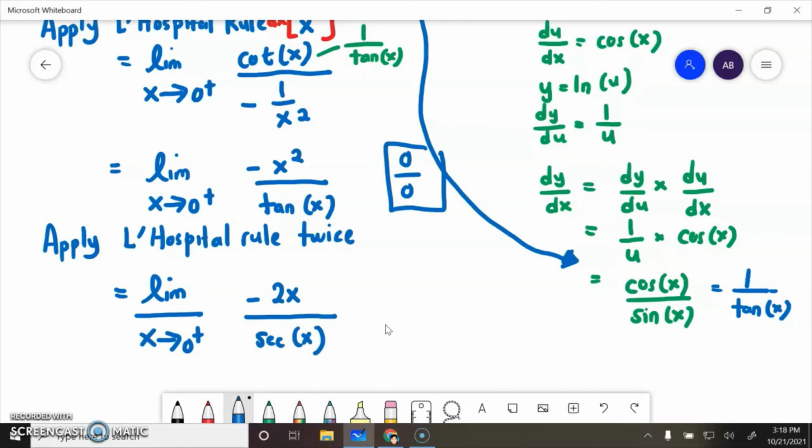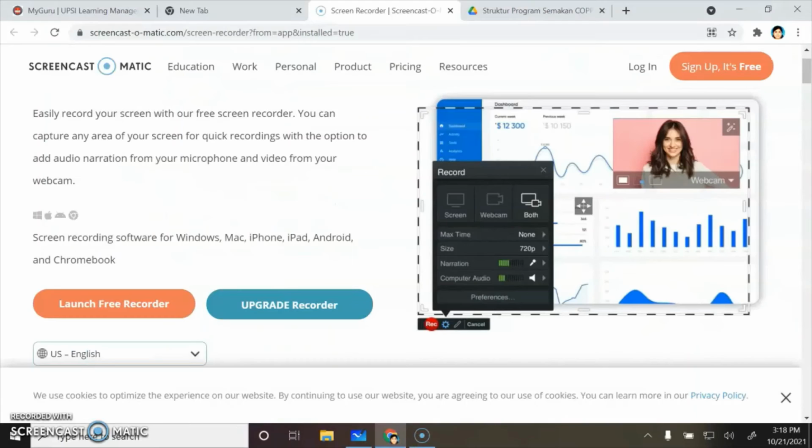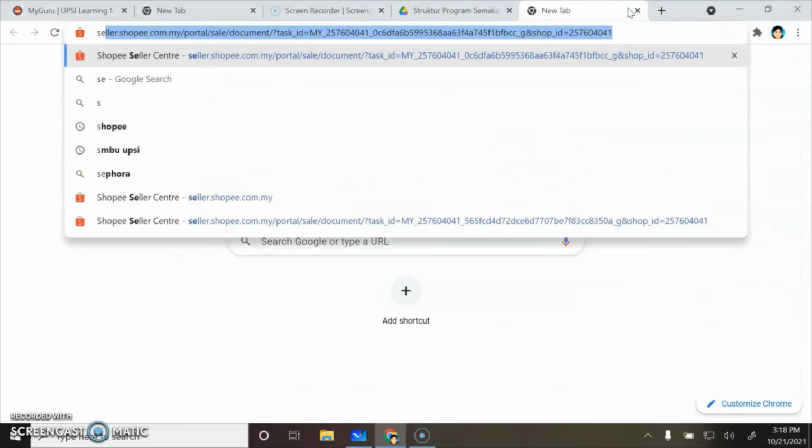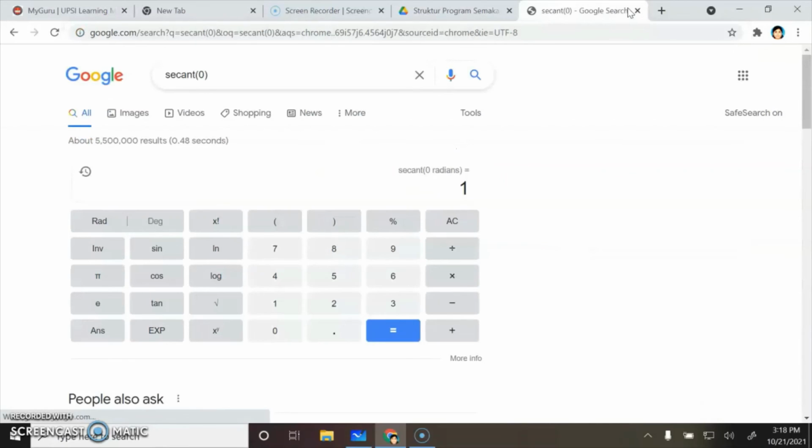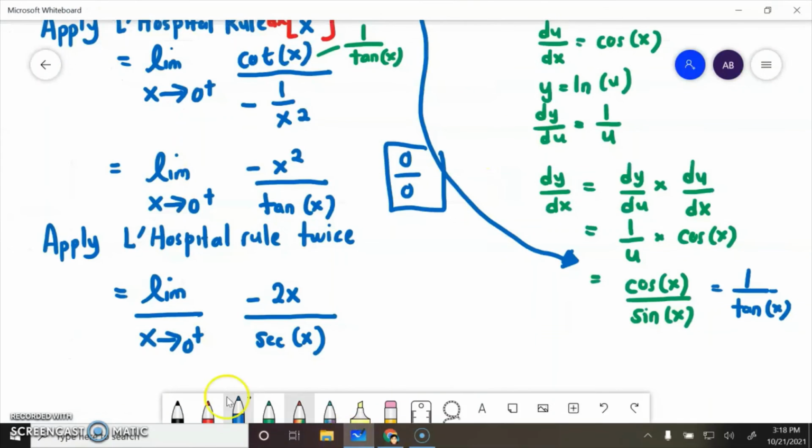So when x approaches 0, what is secant 0? Let's go online and look for secant 0. Secant 0 is 1, which is good. So when x is 0, I will have 0 over 1, which is 0.